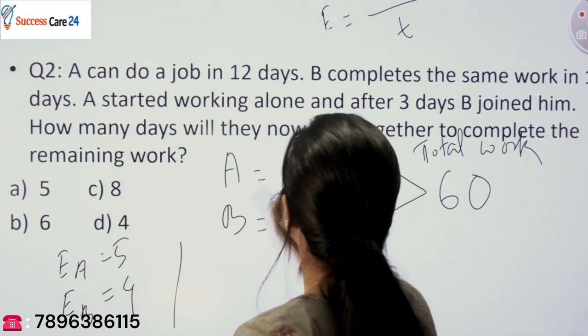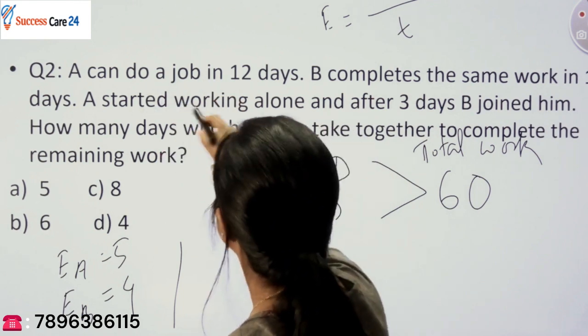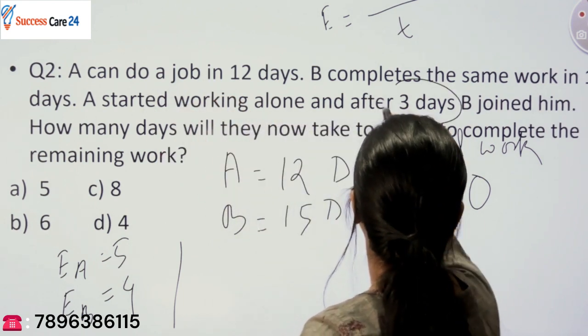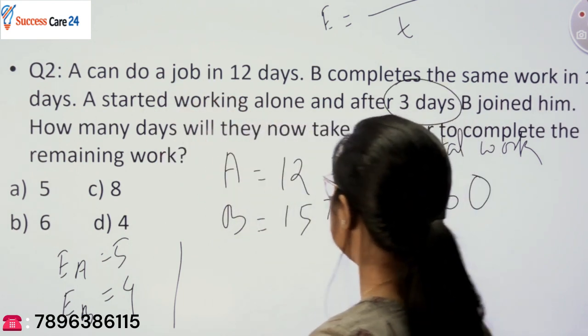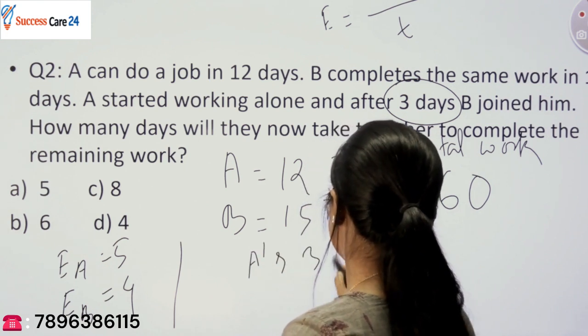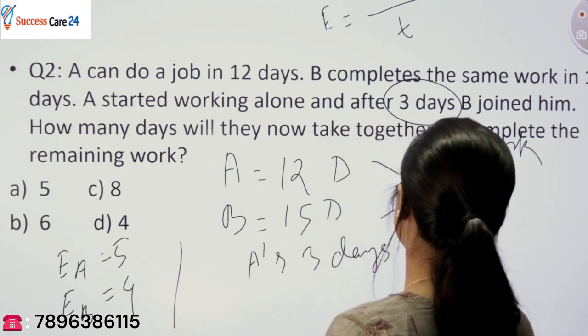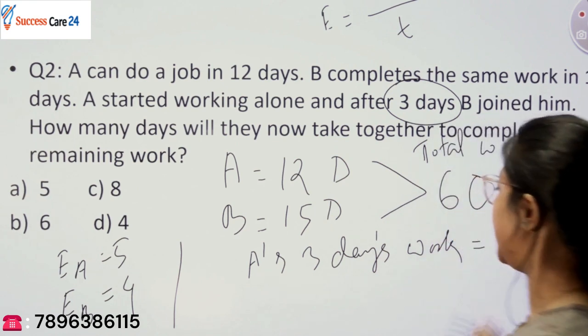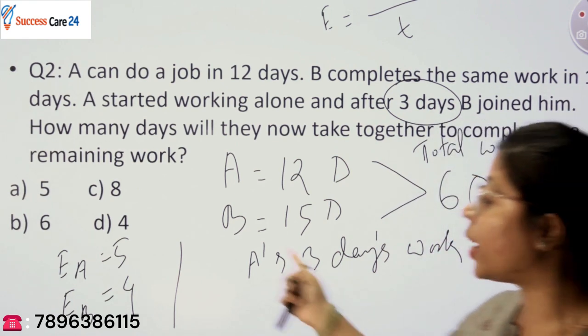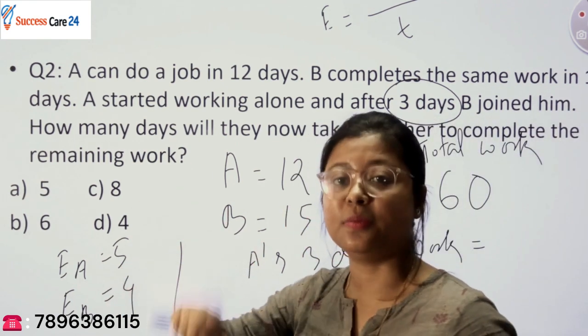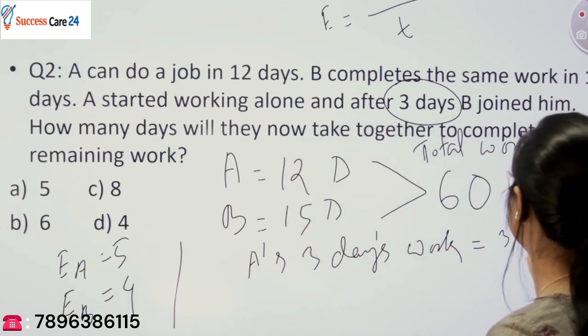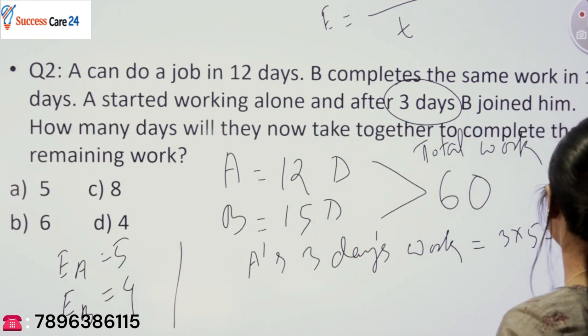Since A started working alone and did the work for 3 days, what would be the 3 days' work of A? Since 1 day's work of A is 5, 3 days' work would be 3 into 5. That means 15 units.